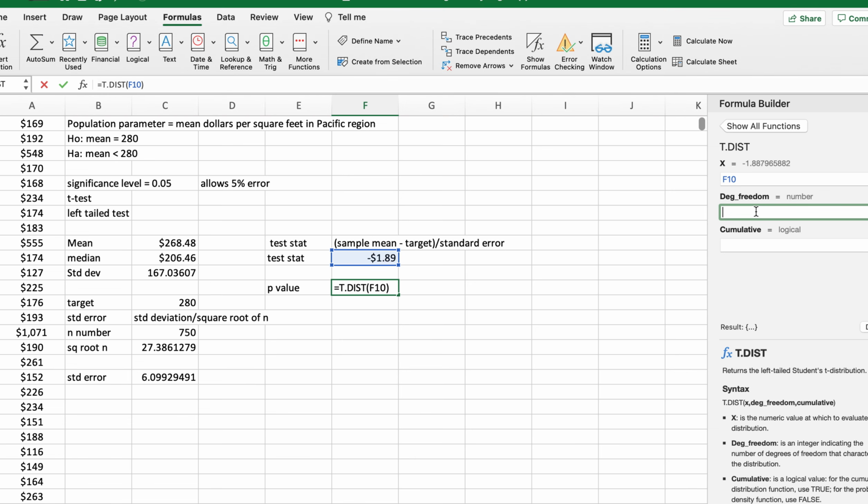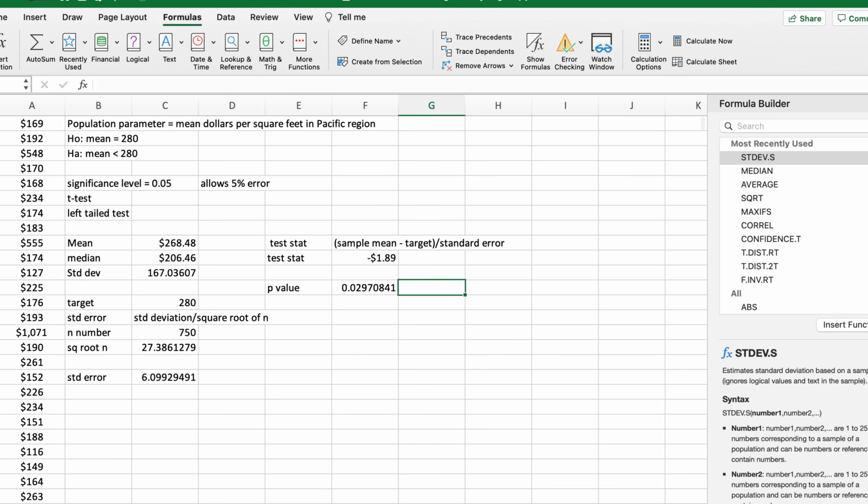Here we're going to put degrees of freedom. Now we haven't talked about that. Degrees of freedom is n minus 1, meaning the number in the sample minus 1. 751 minus 1 is 749. Okay, cumulative, you put a 1 to mean yes. Okay, so there's our p-value.